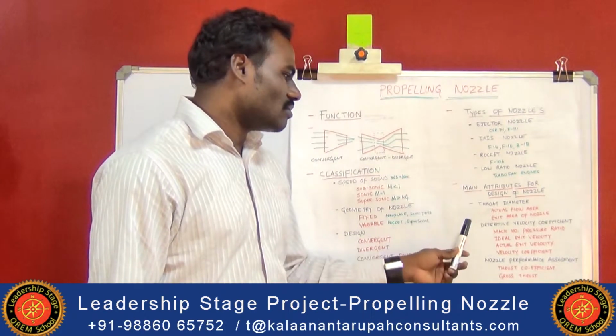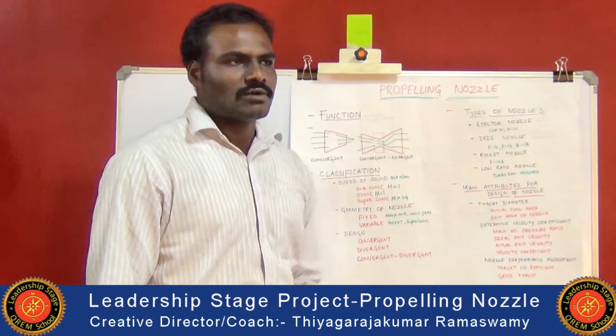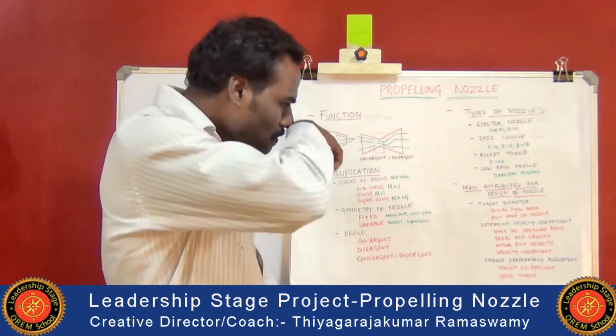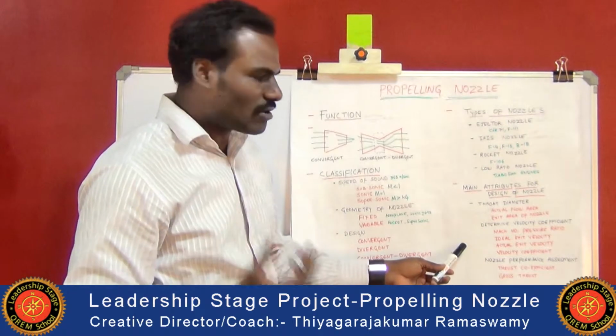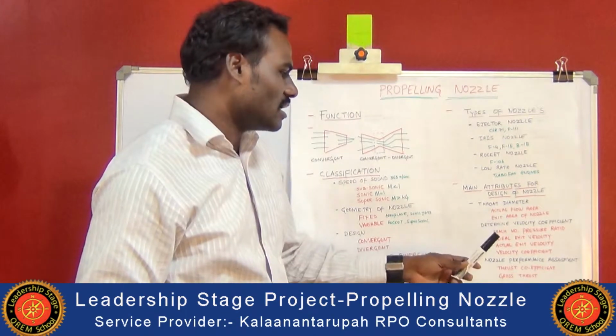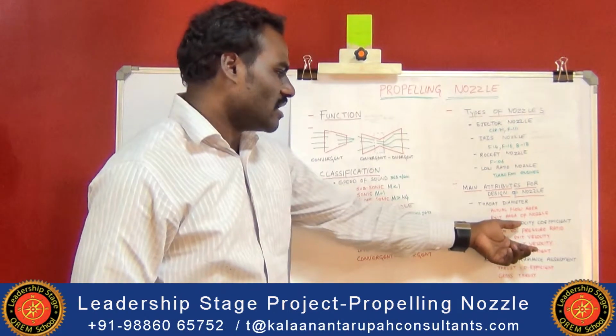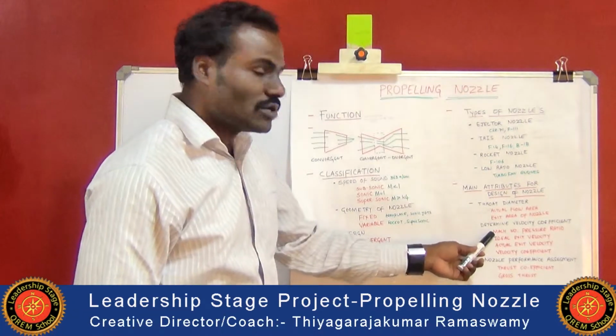Here, the next one we are going to consider is determining the velocity coefficient. What is the velocity coefficient? The velocity coefficient can be calculated using the actual exit velocity with respect to the ideal exit velocity. How are we going to calculate it?